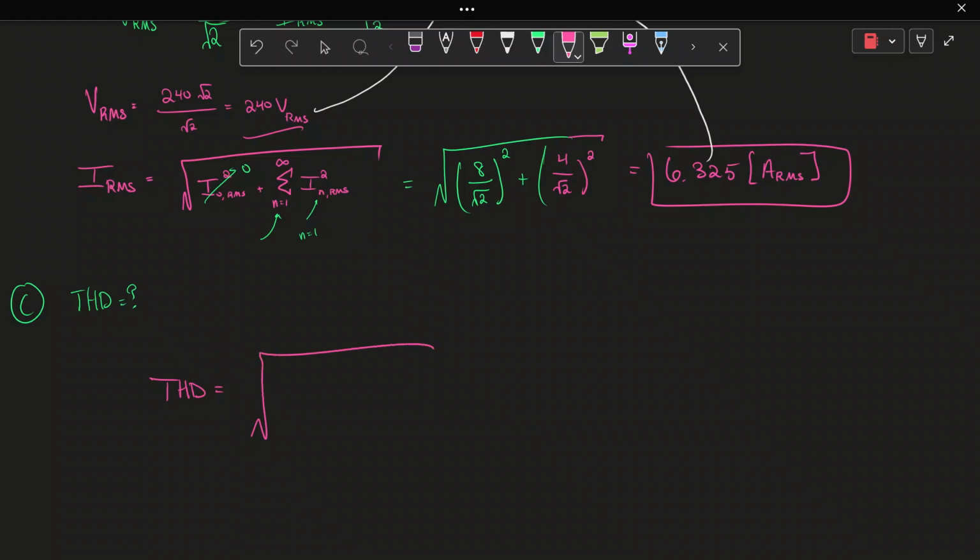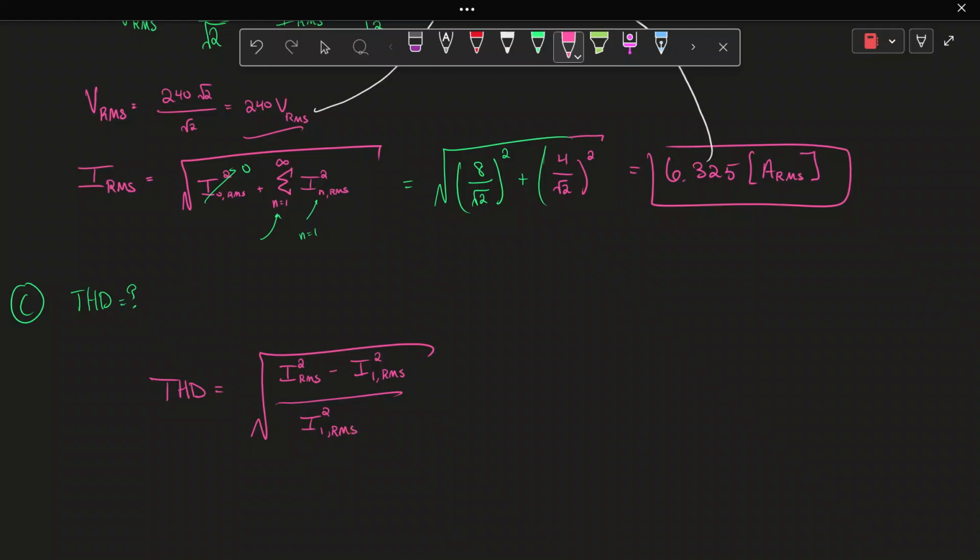I'm going to use the square root of the total square RMS, by the way, minus the first harmonic, the first RMS harmonic squared, divided by, again, the first harmonic squared, the first RMS harmonic squared.